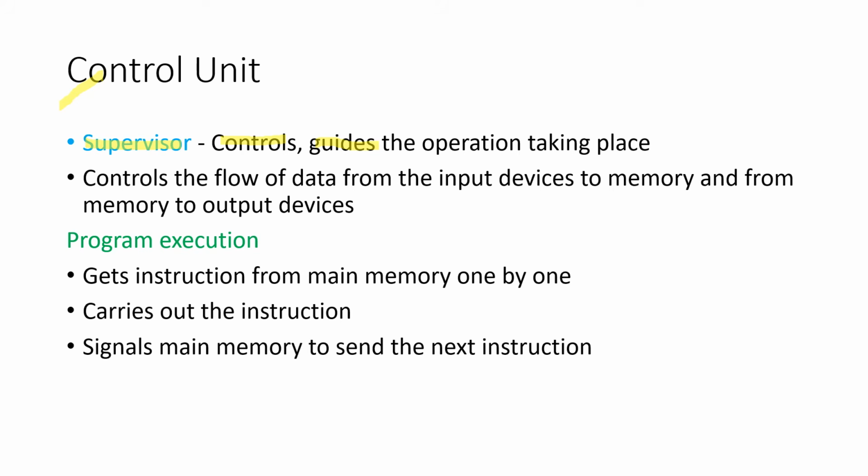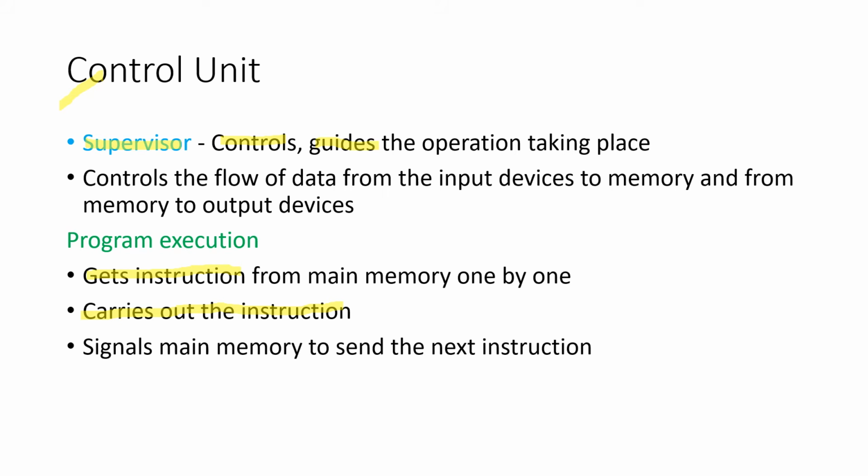The control unit gets the program instruction from the memory and executes them one after another. After it gets the instruction from the memory, it decodes and interprets it, and the required operation is performed and it produces a result.